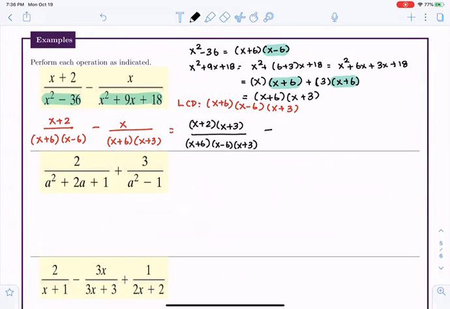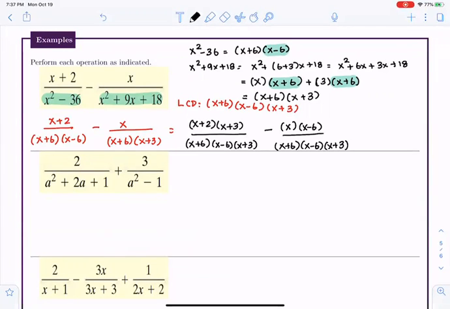To get the common denominator, we have to multiply and divide the second rational function by x minus 6. So we have x times x minus 6 over x plus 6 times x minus 6 times x plus 3.